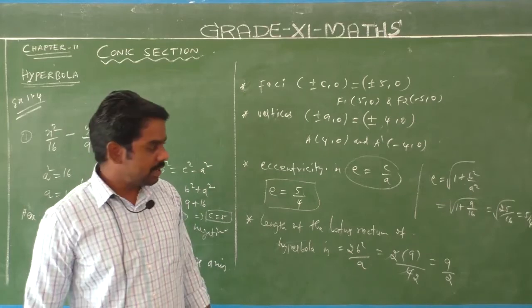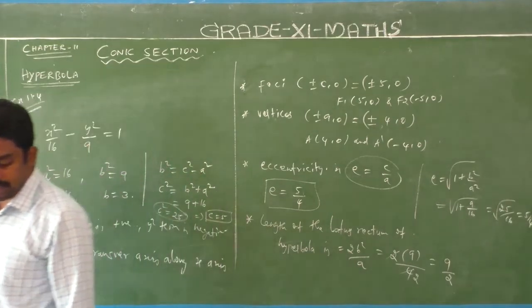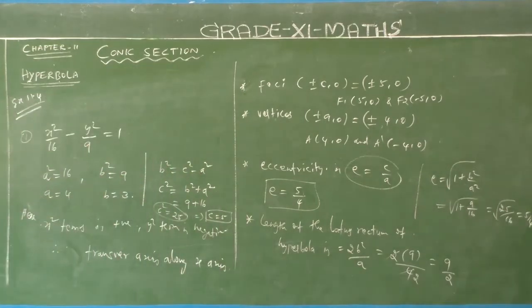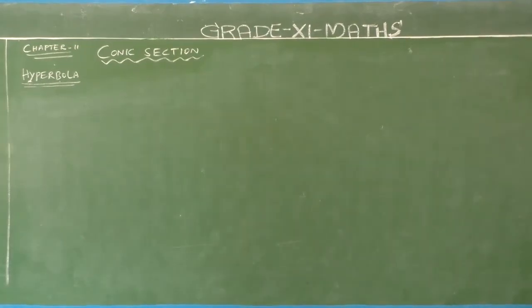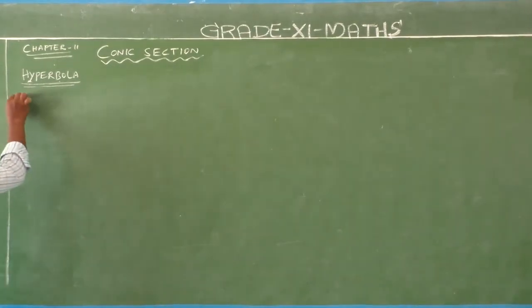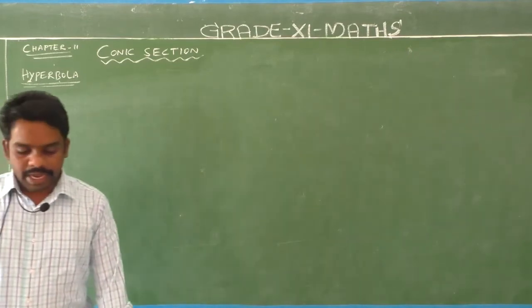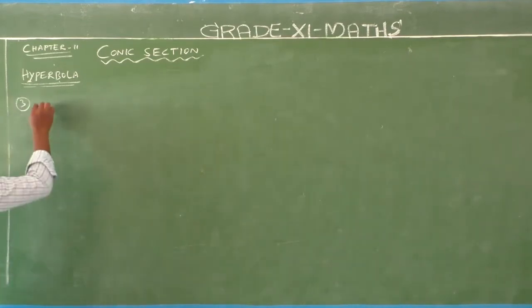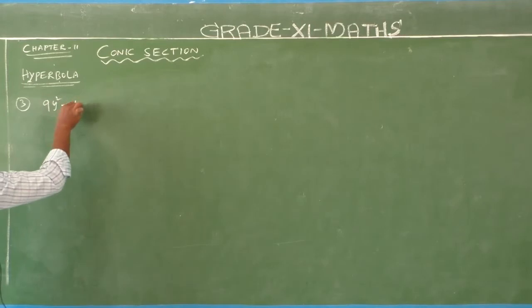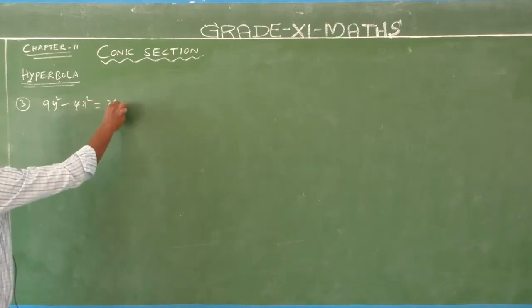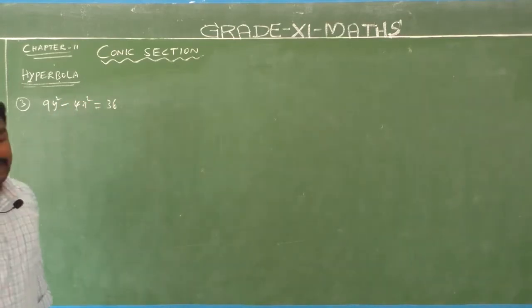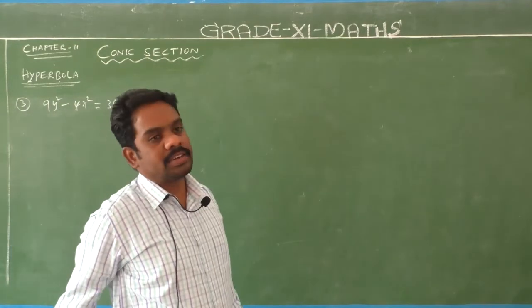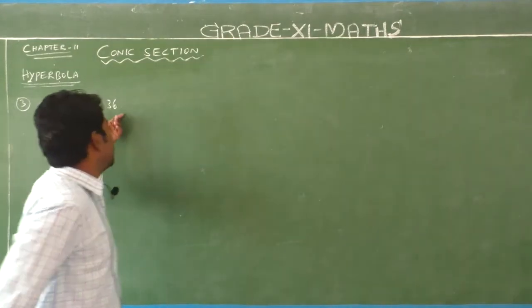Next, third question, very simple question. 9y squared minus 4x squared equal to 36. The standard equation of hyperbola has constant right hand side 1. Here right hand side value is 36.